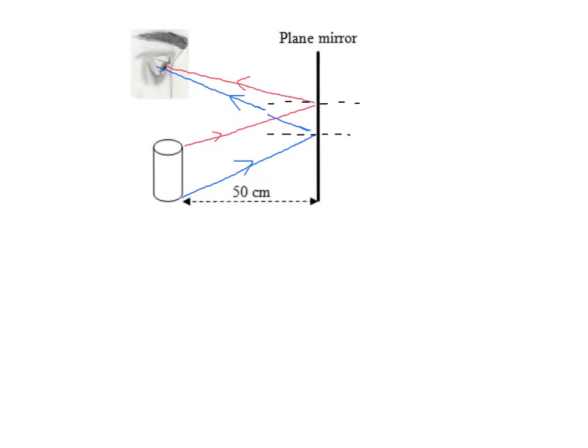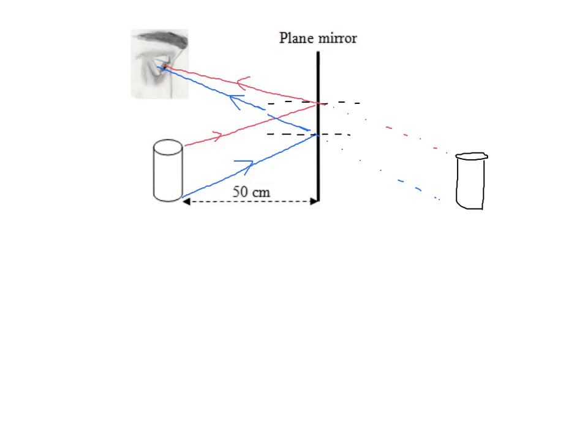So for the one that I drew in red, if I looked at the reflected ray and just drew that one, just keep it going backward over to here, and then same with the one in blue, just take that one and reflect it backward down here, you'll see that it forms an image of that cylinder over on this side of the mirror. And that's what it is that the person is seeing when they look in the mirror.